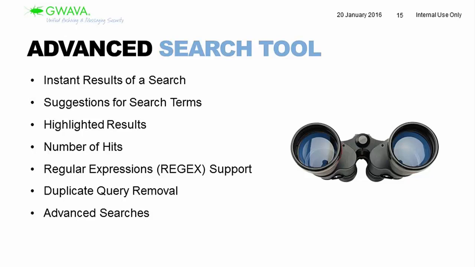When you're typing, it will show you the number of hits, and like I said, I'll show that to you in just a moment. The hits are organized into the following fields: subject, sender, recipient, domain, attachment name, message content, and category scope.